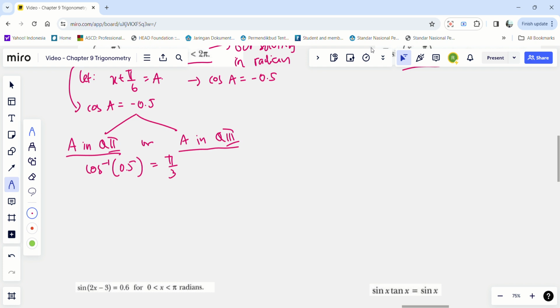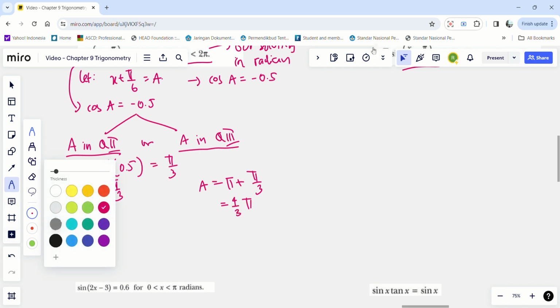But in quadrant 2, it's between 90 and 180 degrees. So we look at the property again: it's pi minus pi on 3. Or in quadrant 3, A should be pi plus pi on 3. This will be 2/3 pi, and this will be 4/3 pi.